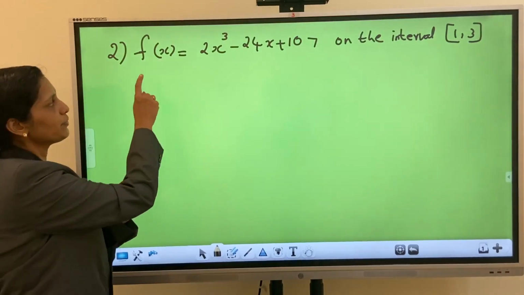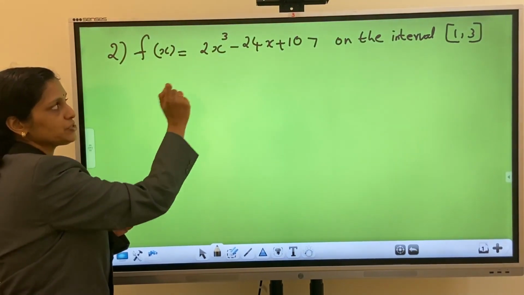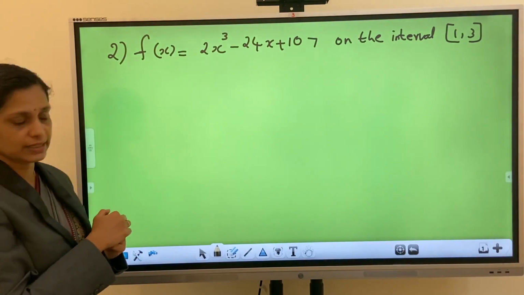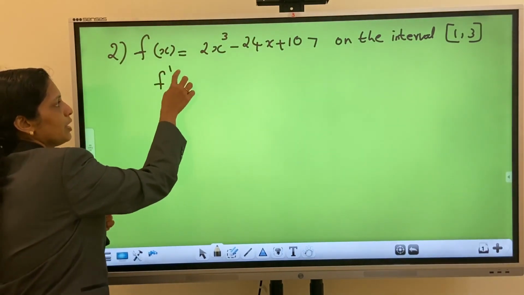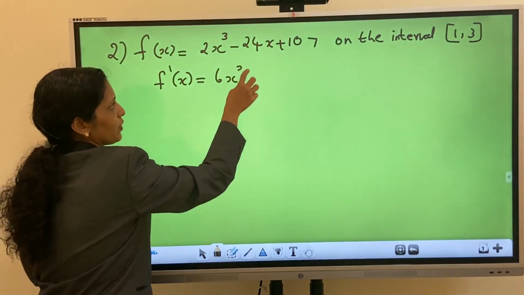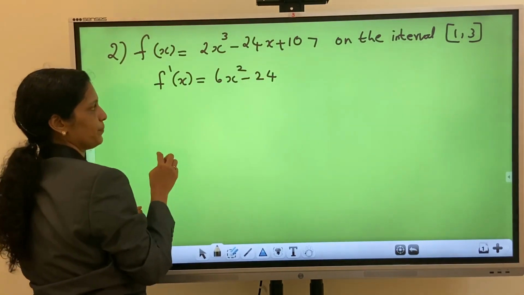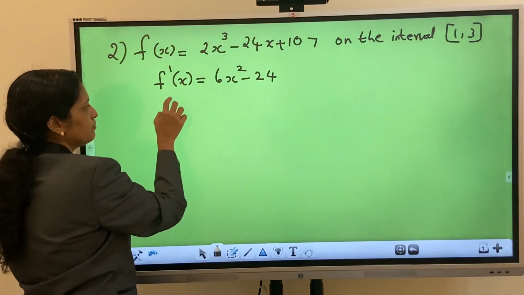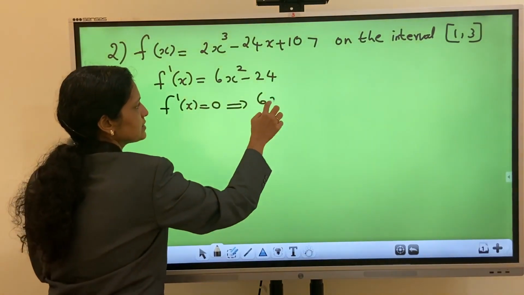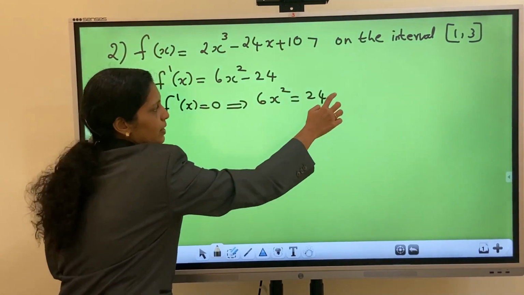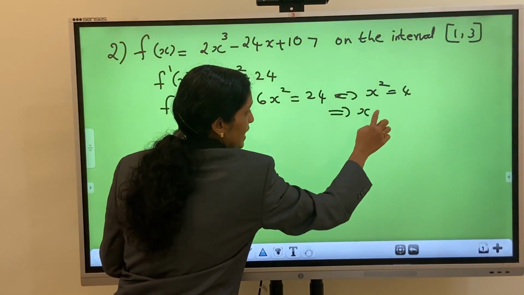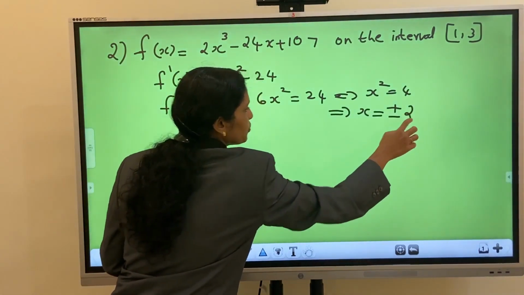Next question is f of x is equal to 2x cubed minus 24x plus 107 on the closed interval 1, 3. For finding critical points, we need to find f dash x, which is 6x squared minus 24. By putting f dash x equal to 0, we get 6x squared equal to 24, x squared is equal to 4, so critical values are x is equal to plus or minus 2.